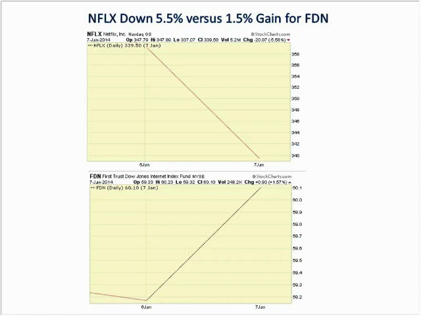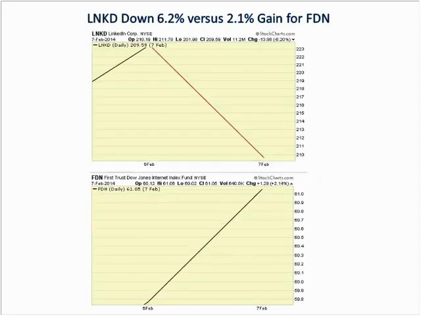And here's a few examples. Netflix was down 5%, and at the same time, the Internet index on the same day was up 1.5%. So Netflix down 5.5%. That's a component of the Internet index, but the ETF was actually up that day. Here's another one.